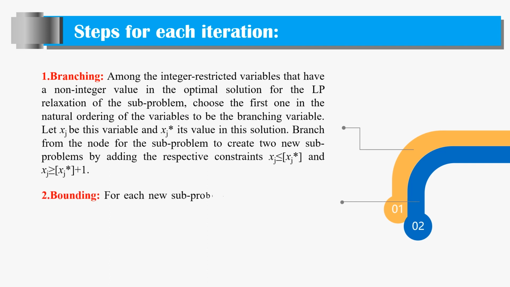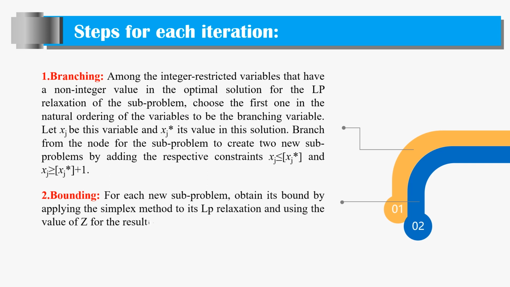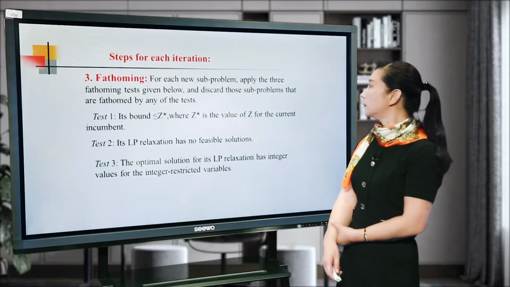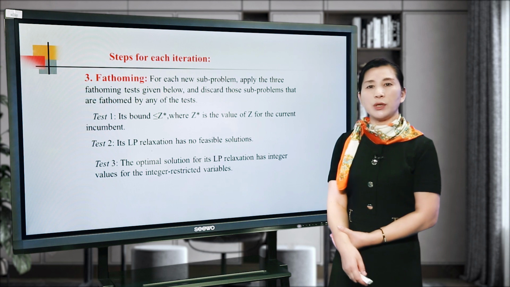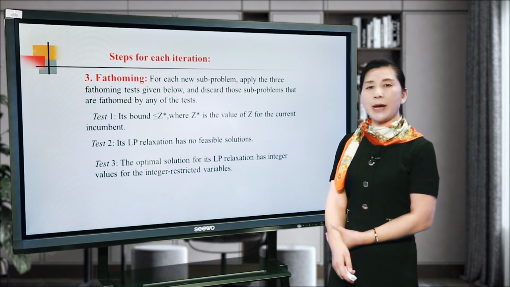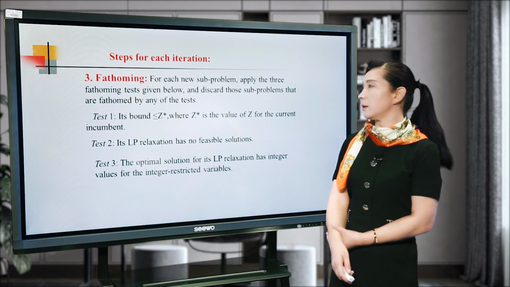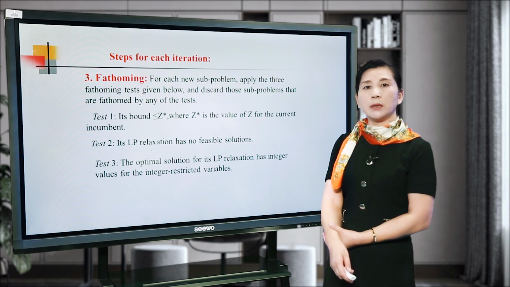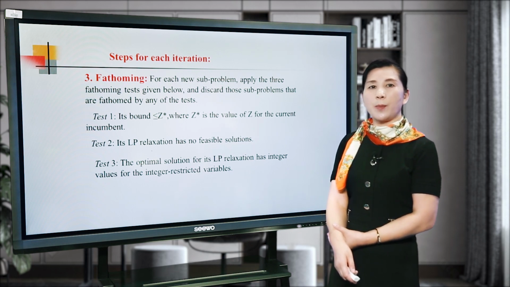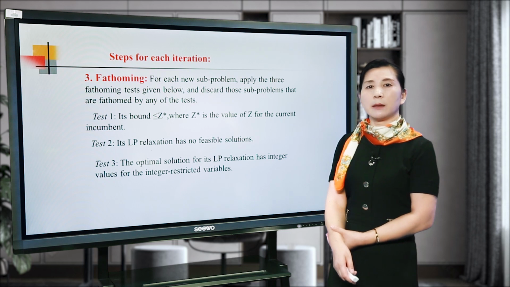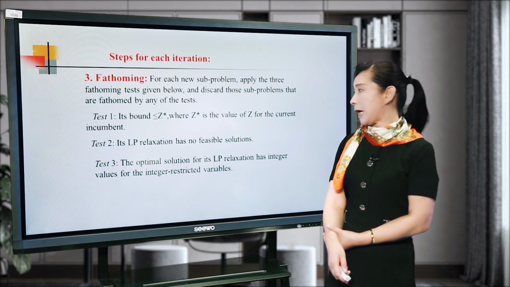Step 2, bounding. For each new subproblem, obtain its bound by applying the simplex method to its LP relaxation and using the value of Z for the resulting optimum solution. Step 3, fathoming. For each new subproblem, apply the three fathoming tests given below and discard those subproblems that are fathomed by any of the tests.